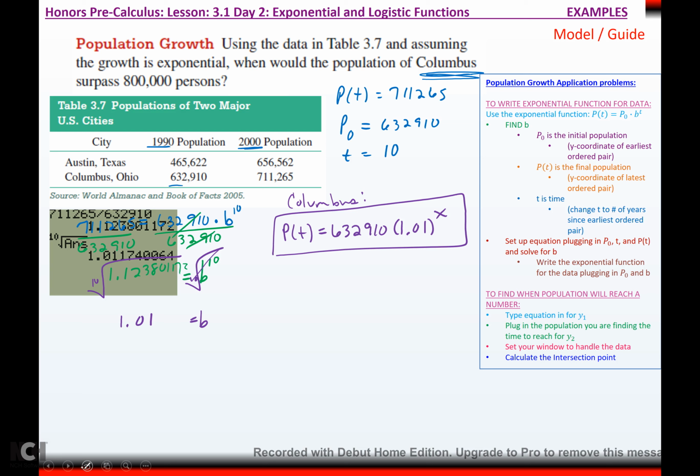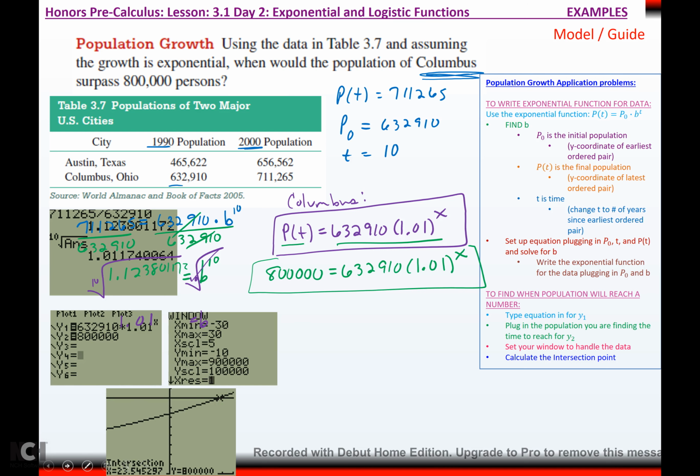And now what they want to know is, when will this population surpass 800,000 people? So you plug in 800,000 for the final population, times 1.01 to the X. And again, at this point, our algebra doesn't work because you don't have those tools yet. So we've got to go graphical.